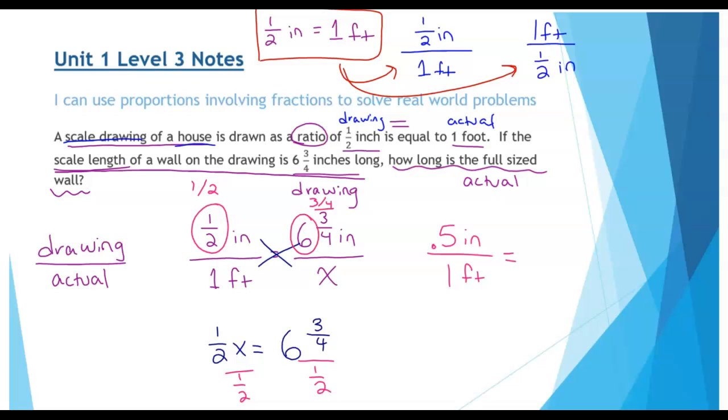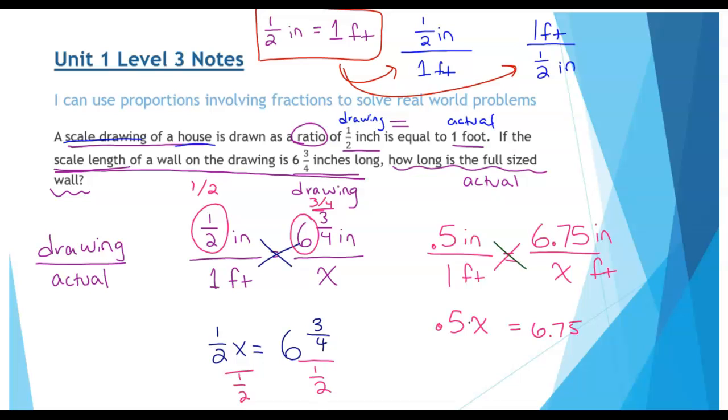So this is 6 wholes and 0.75 more. 6 3/4 to how many feet in our actual. So when I cross multiply that, 6.75 times 1 is 6.75, and 0.5 times x is the other product.